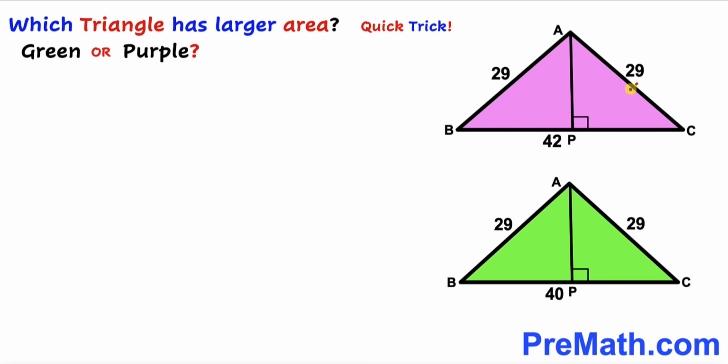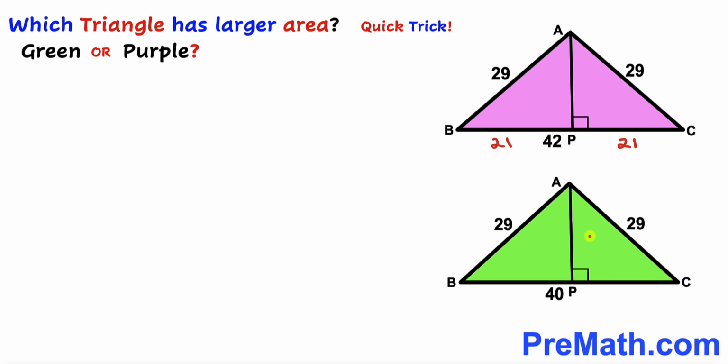Since this side length equals this side length, this segment BP length is going to be equal to this segment PC length, and we know this whole length is 42. So this segment BP length is going to be half of that, which is 21, and this is going to be 21 as well.